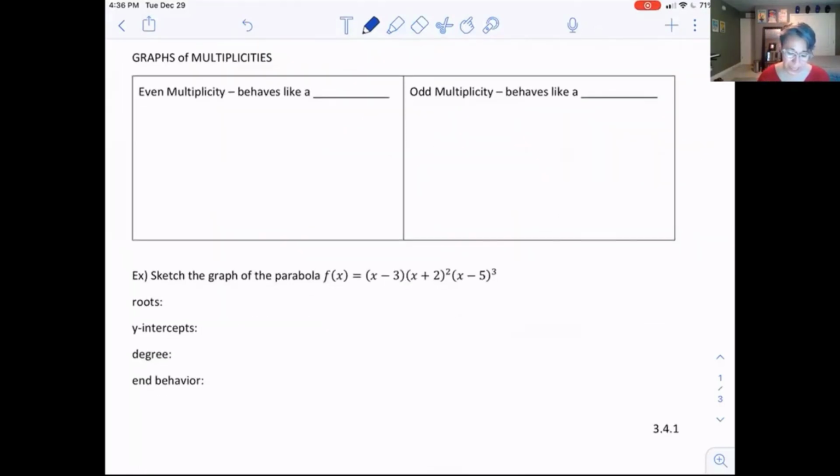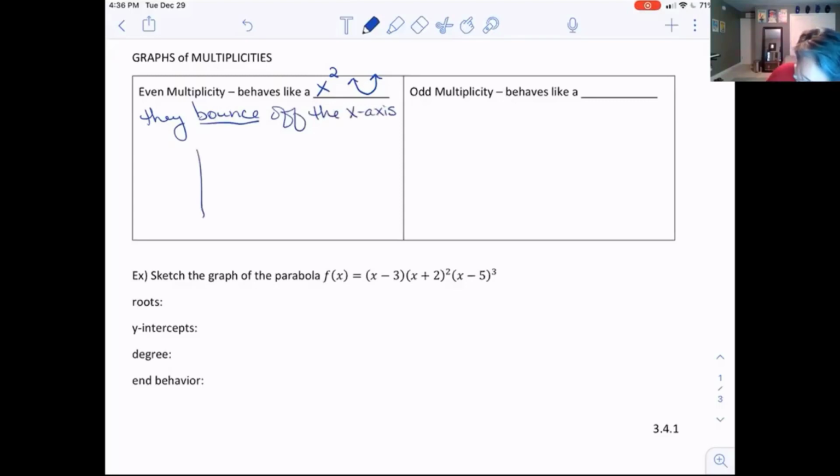Even multiplicities behave like an x squared, like an even polynomial. Remember, those are parabolas. So they bounce off the x-axis.